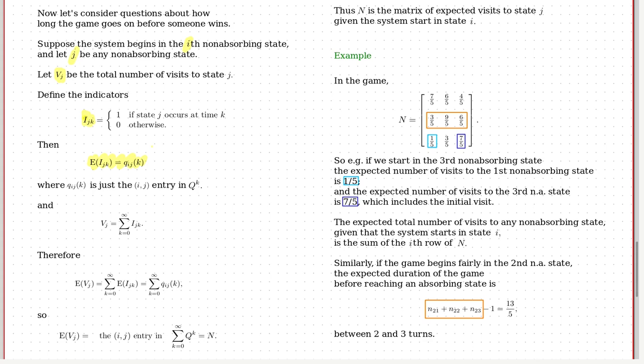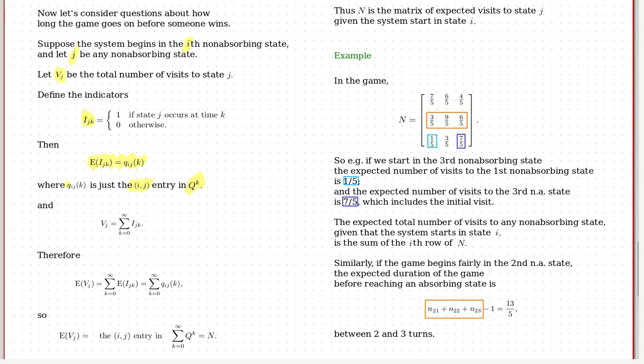And of course, you can calculate those by using powers of P, but we saw earlier that when you raise P to higher powers, the transitions among non-absorbing states can be represented just by a power of Q. So we don't even need to look at the whole P matrix, we just look at the Q matrix. So in fact, this probability of being in state j at time k, given that we started in state I, is just going to be equal to the ij entry in the Q to the k matrix.